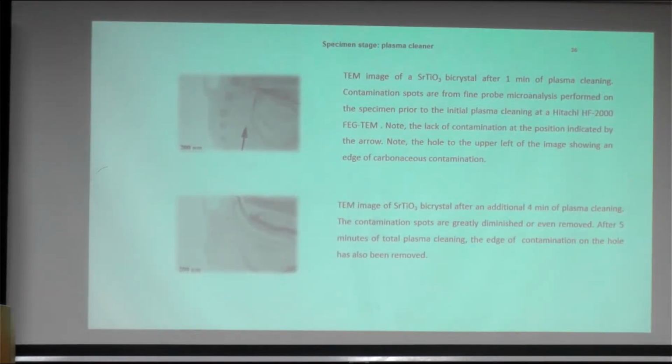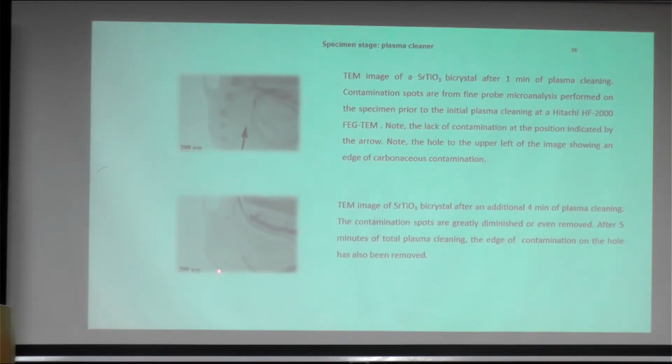Here is one example of how it works. This is the image, and this is the carbon contamination on its surface. If you do plasma cleaning for several minutes, like 1 minute, this is after 1 minute, and this is after 4 minutes. You have to adjust your time depending on the contamination and on its thickness.